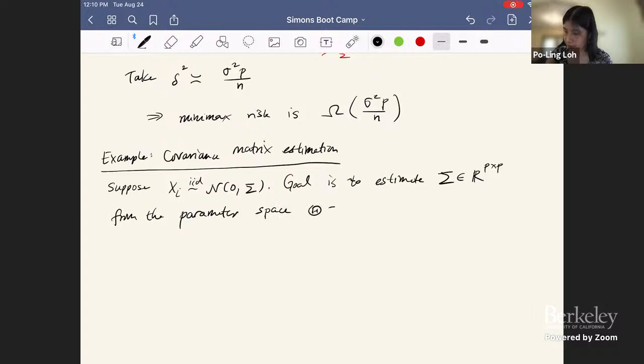We're going to define theta to be equal to all matrices sigma which are PSD, and also the spectral norm is bounded by lambda. Here, this is the PSD cone, and this here is the spectral norm.